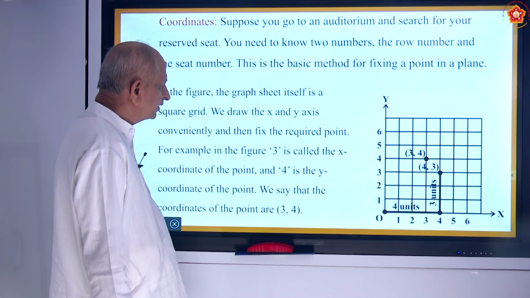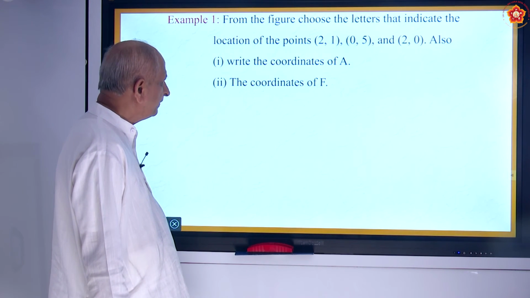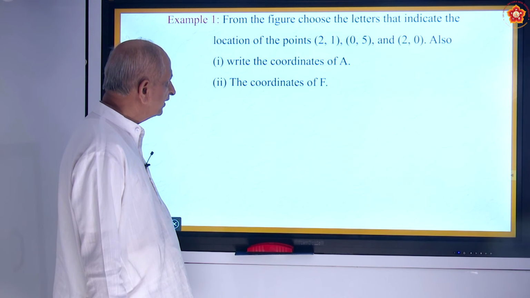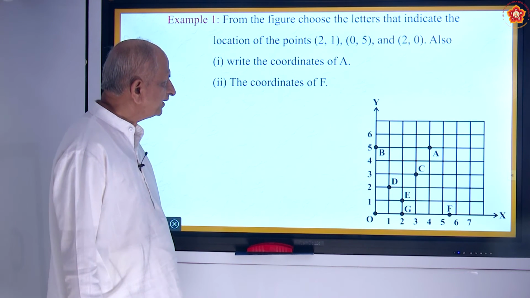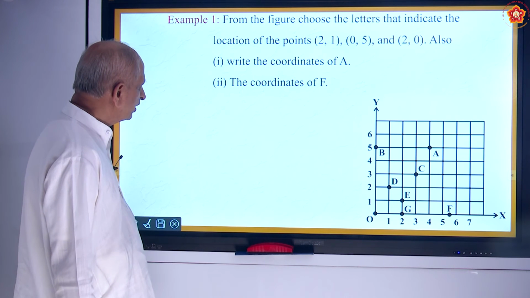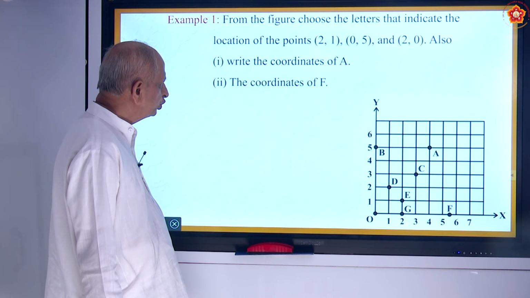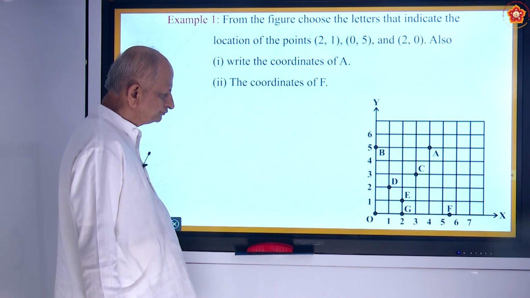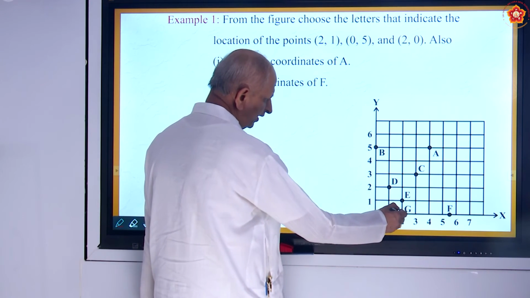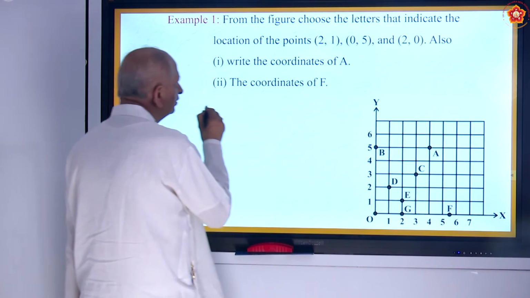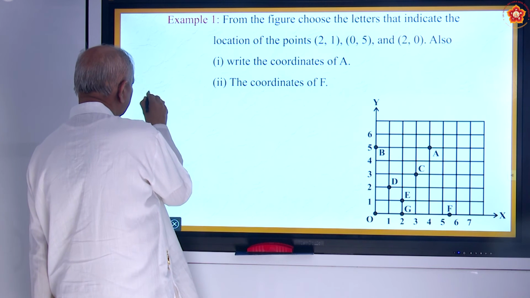Okay. Now we will have one more problem on this. From the figure, choose the letters that indicate the location of point 2, 1. So 2 is here, 1 is here. So answer, I can write the solution.